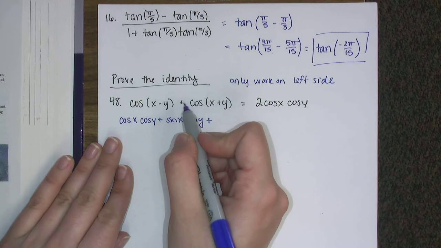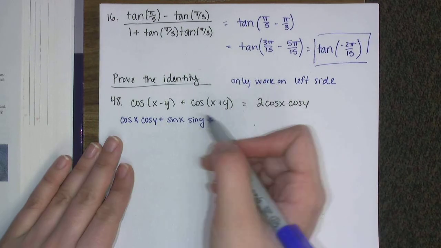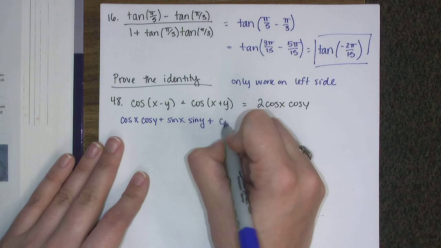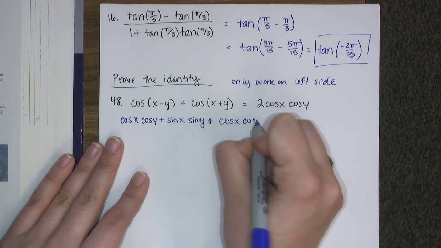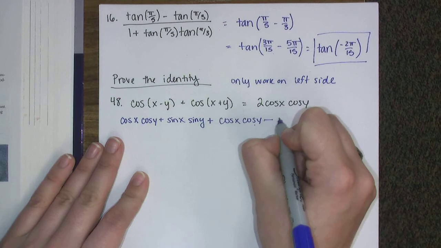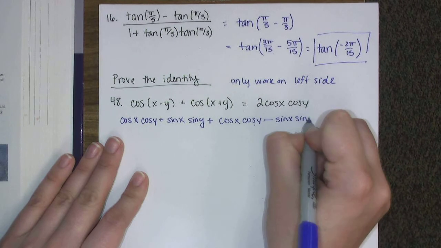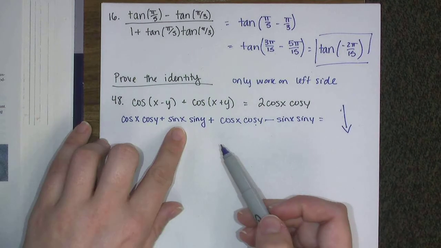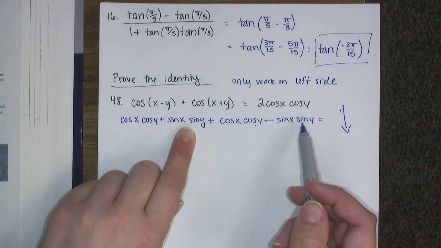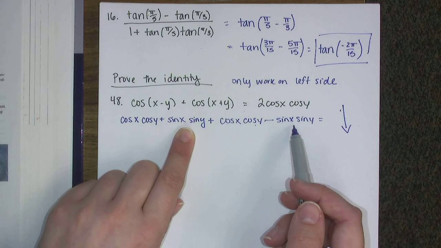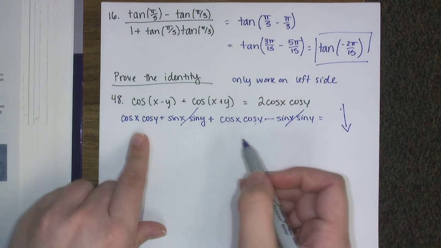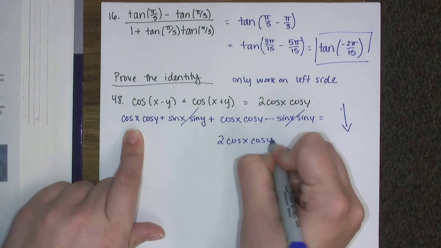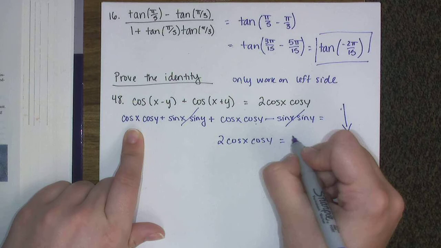Now, cosine of x plus y is cosine of x cosine y, opposite sign, minus sine x sine y, is all equal to, and I can just draw an arrow to bring that stuff down. Well, sine of x sine of y, positive, and then negative, those cancel, those go away, leaving me with 2 cosine x cosine y, which is equal to the 2 cosine x cosine y that I started with, and I've shown that that is true.